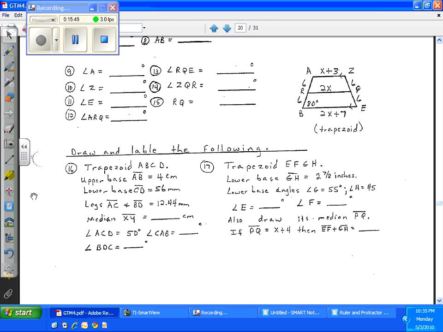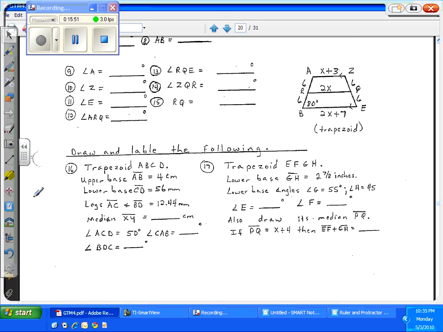We'll get you set up here. Remember that on finding RQ, it is the median. We know that the median 2x is equal to 1/2 the sum of the bases.